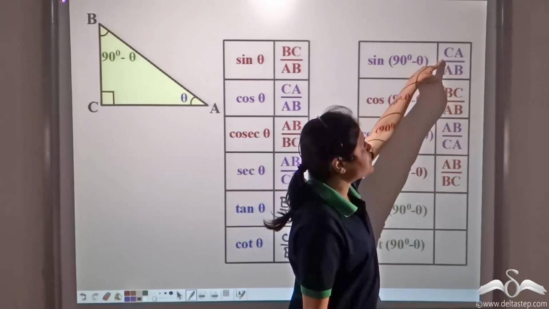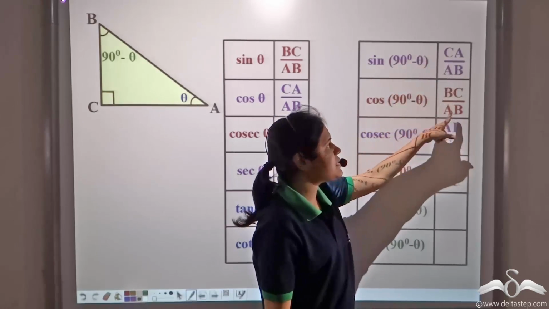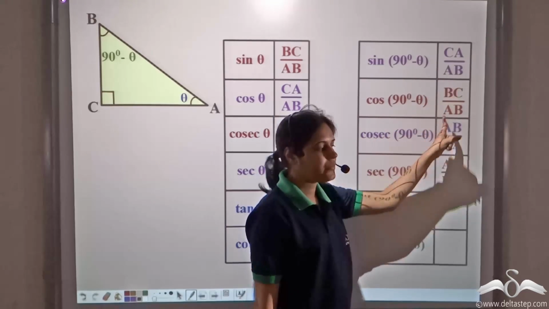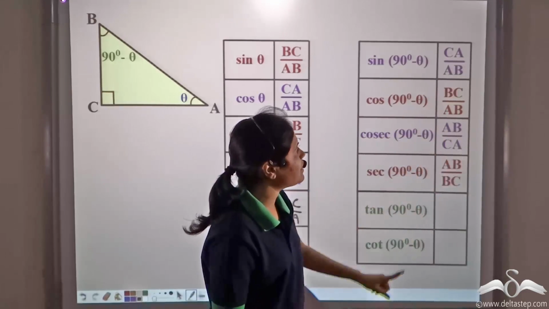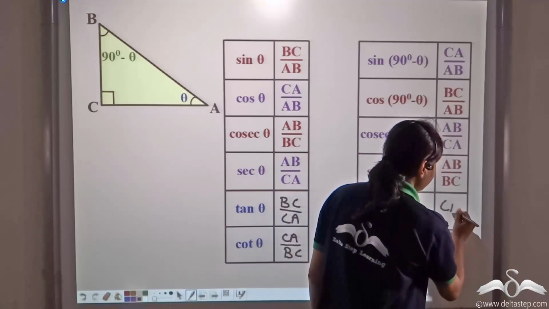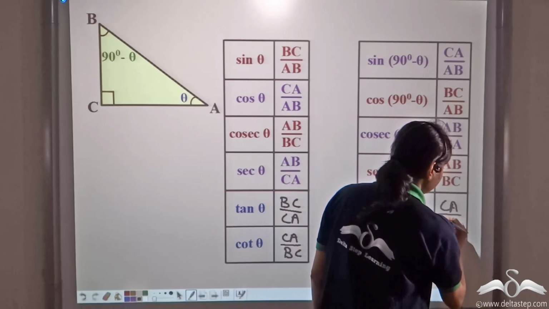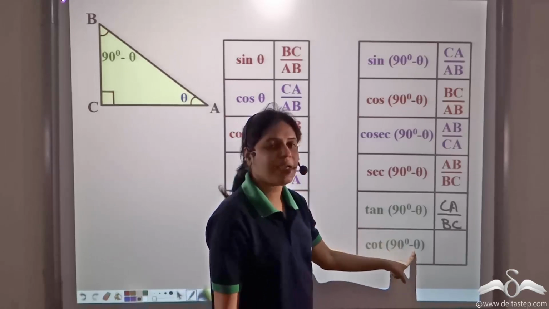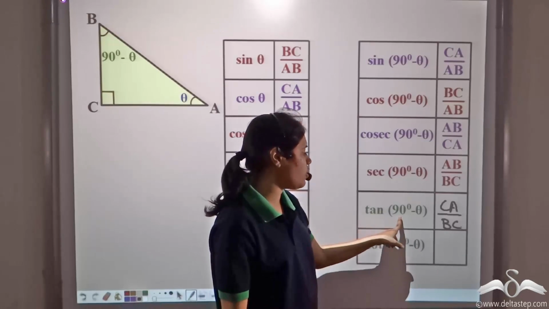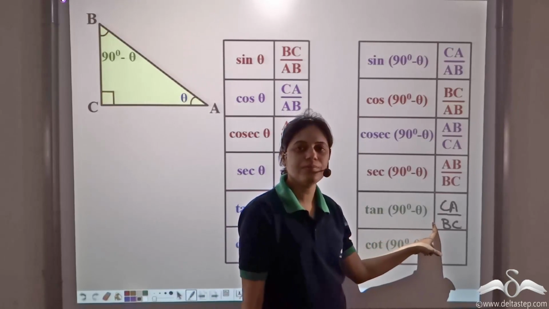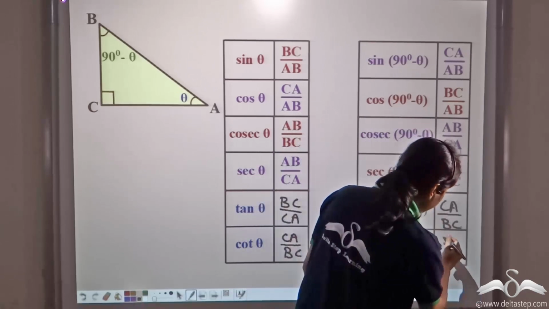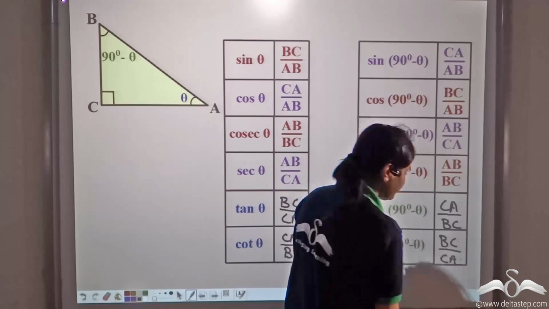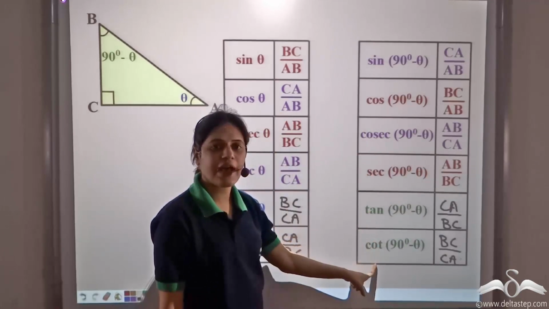So it is the ratio of CA by AB and BC by AB, that is CA by BC. So tan 90 degree minus theta is CA by BC. Cot 90 degree minus theta is the reciprocal of tan 90 degree minus theta, that is BC by CA. So this is what we have.